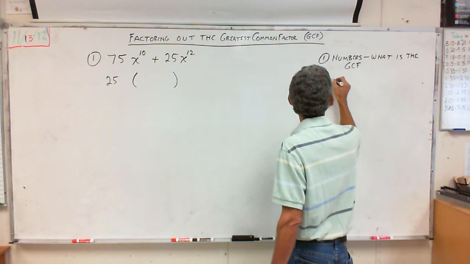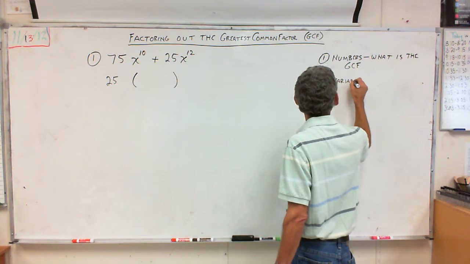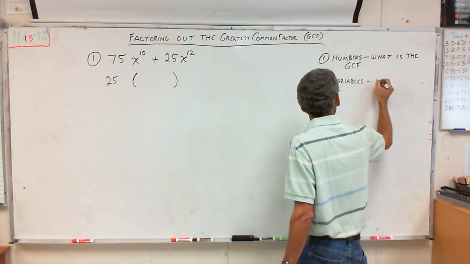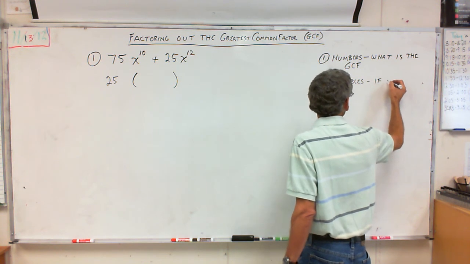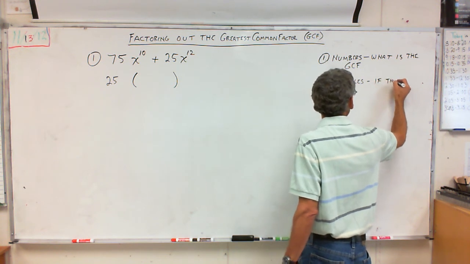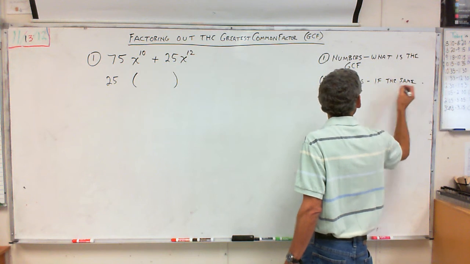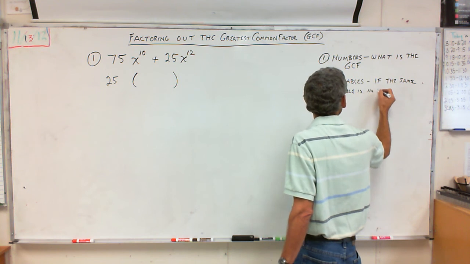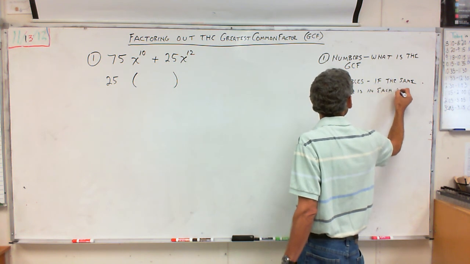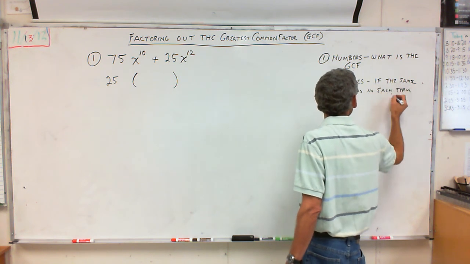The second thing I do is I look at the variables. And this is key to understand. If the same variable is in each term, you guys remember what terms are?